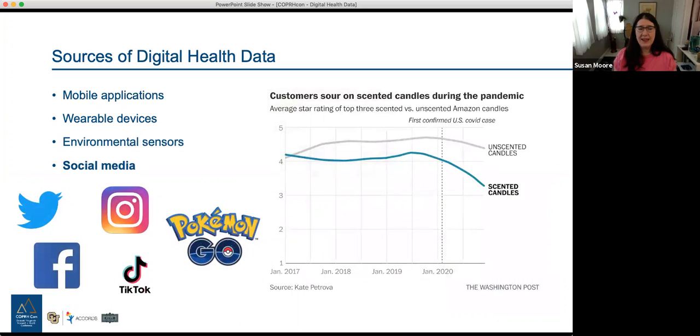And then finally, one of the other sources of digital health data is social media. I have here on screen some of the more common ones: Twitter, Facebook, Instagram, TikTok, which is on the rise, and an example of gamified digital health data through Pokemon Go.